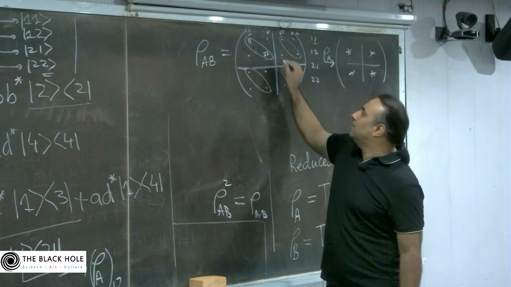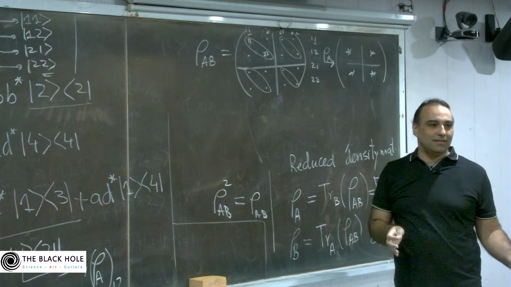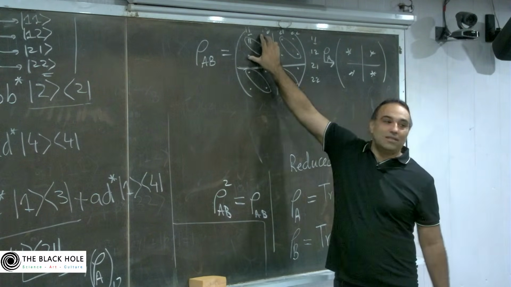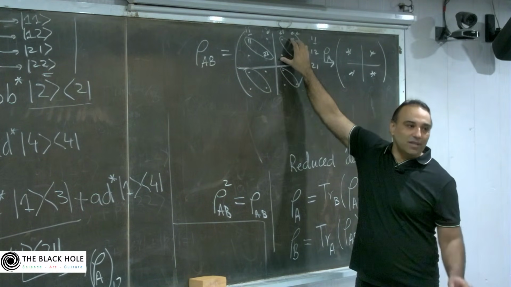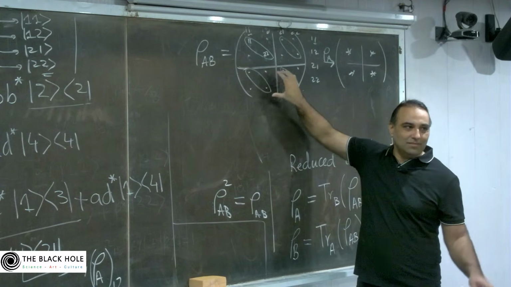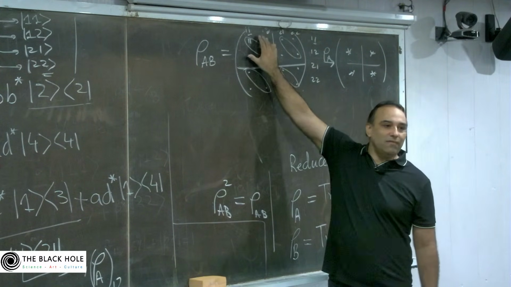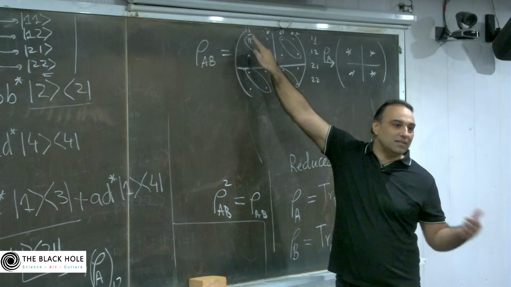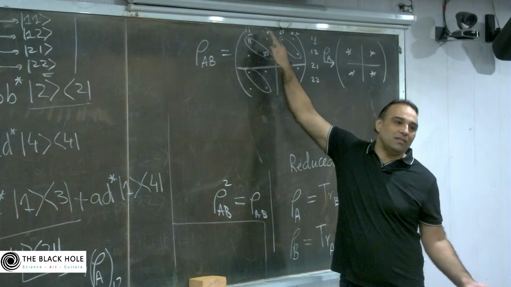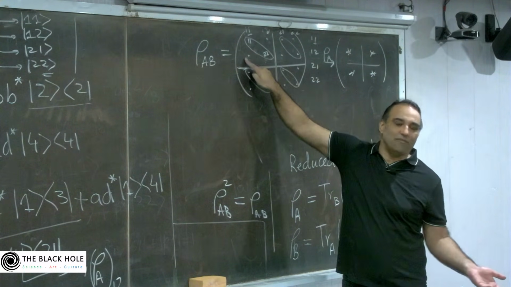These diagonal blocks are diagonal in A, because this is 1, 1, this is 2, 2 for A, this is 1, 2, this is 2, 1 for A. Okay, that's what we have already used. So this is one block of A, but what's changing is the states of B. So this is 1, 1 of B, 2, 2 of B, 1, 2 of B, 2, 1 of B.